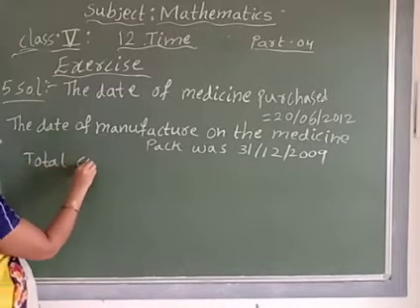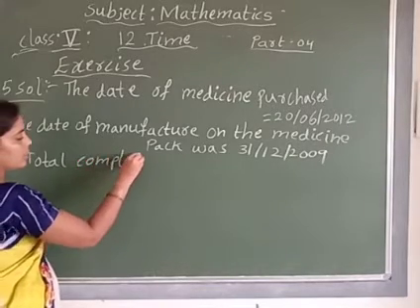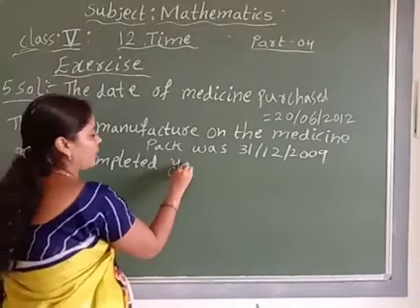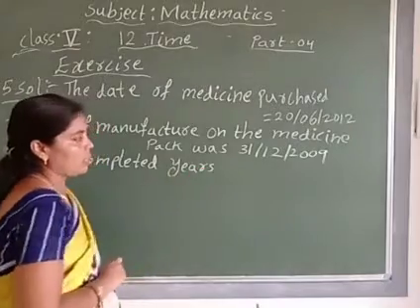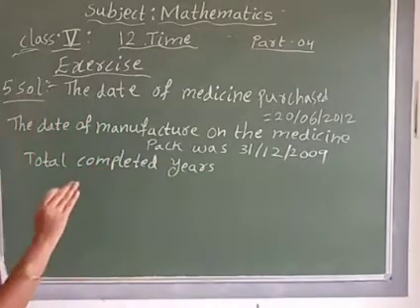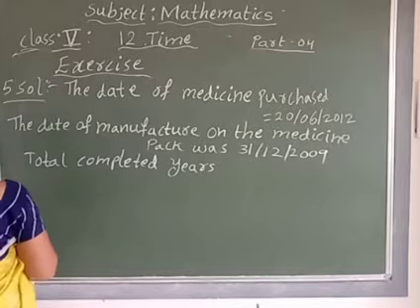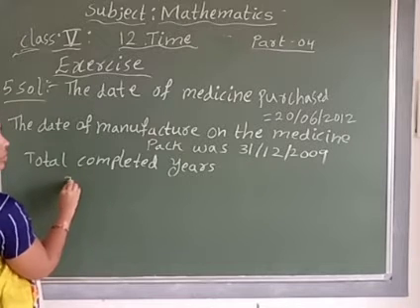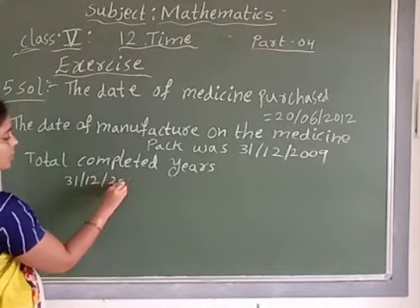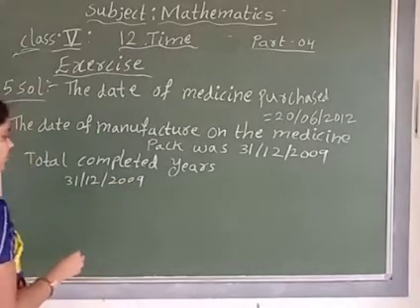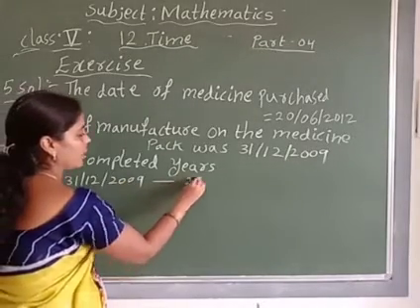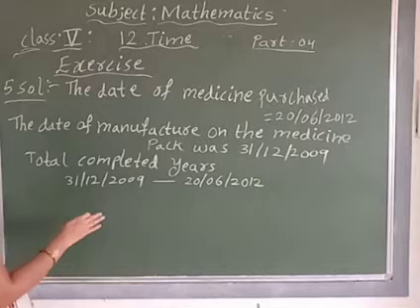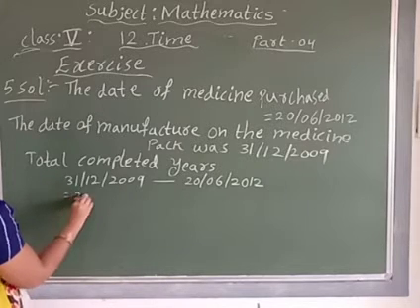Total completed years. How many years will be completed from 31/12/2009 to 26/2012? Two years.